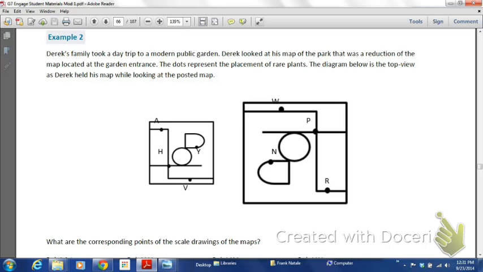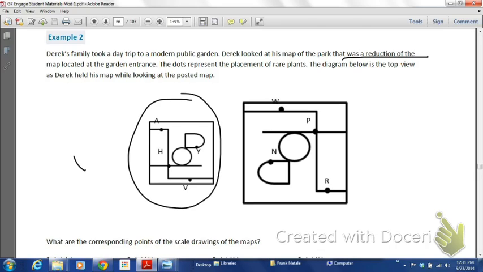So what happened here is here's Derek's map. He's got this reduced. You see, it was a reduction, so you know this is Derek's over here. Here's the map he has, and here is the diagram that was located by the garden entrance. Probably a lot larger than that.